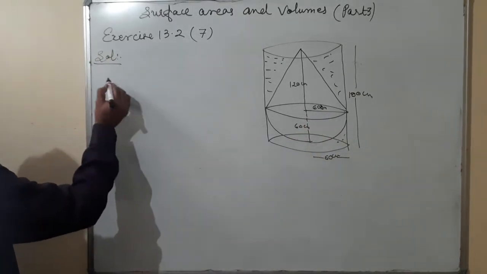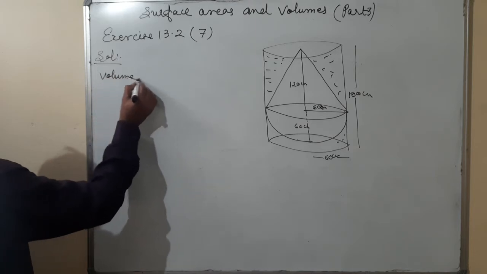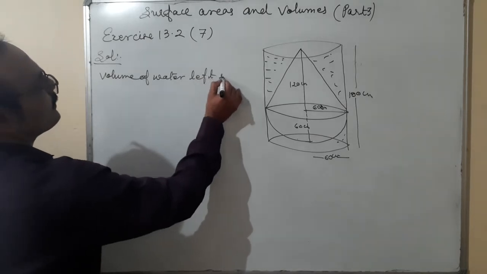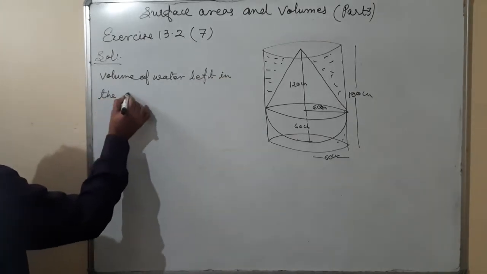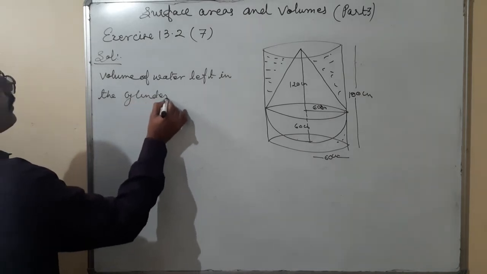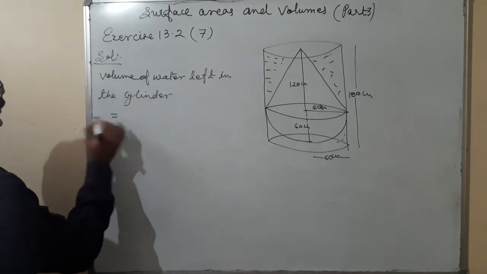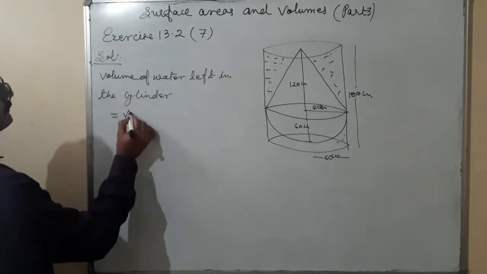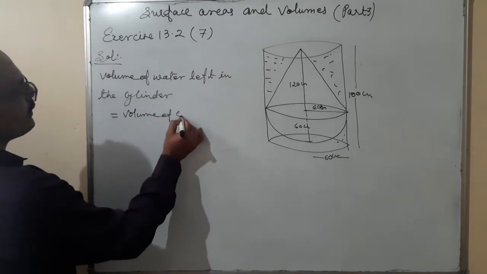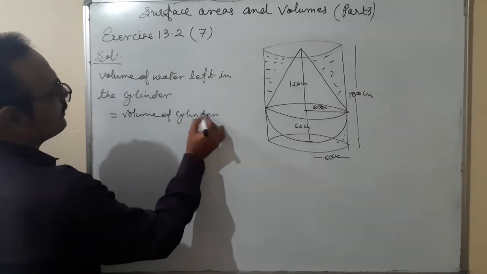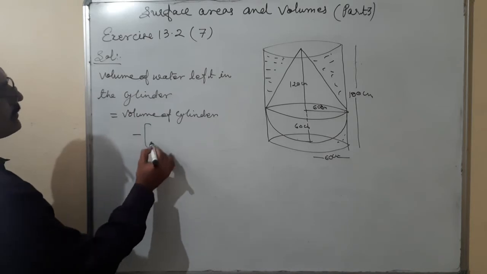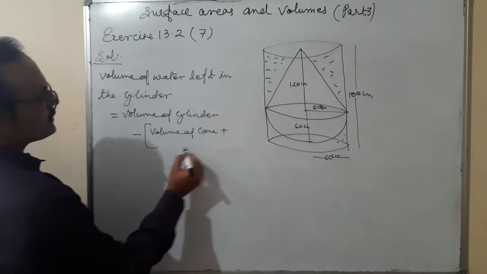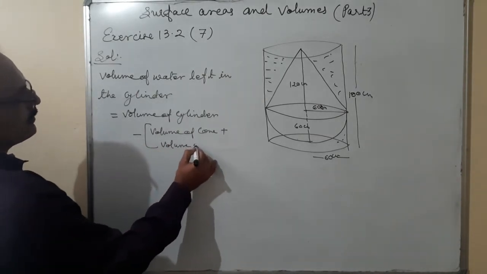Question direct I am writing here. Volume of water left in the cylinder is equal to volume of cylinder minus volume of cone plus volume of hemisphere.